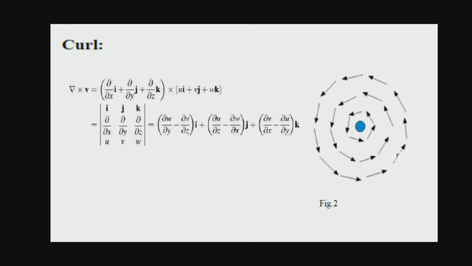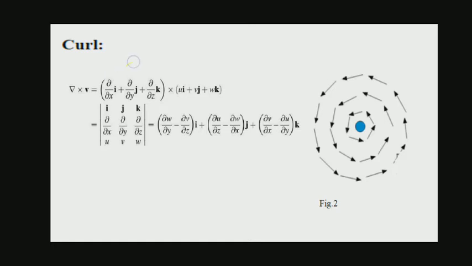Next, curl. Curl of a vector field is a measure of the vector field's tendency to rotate about a point. It is given by figure 2. So, formula: del cross v.